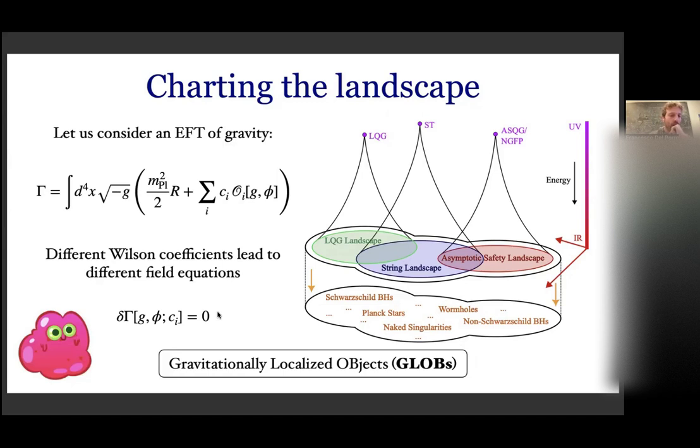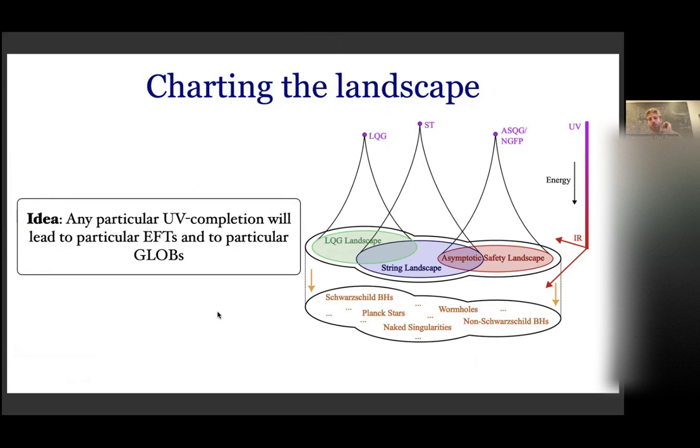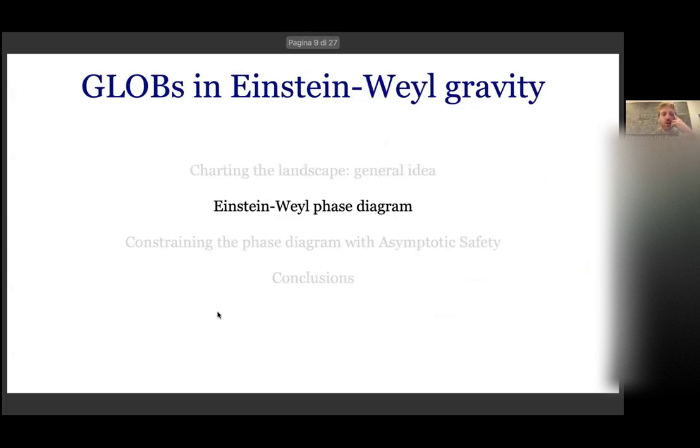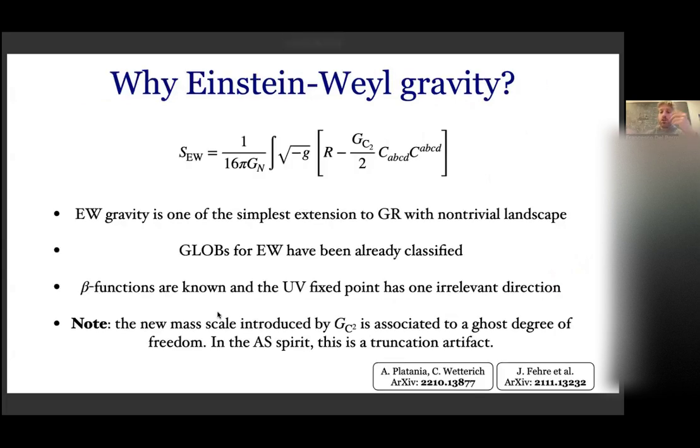So the idea is the following. You have a UV completion. This will lead to a particular subset of EFTs, and this will lead to a particular set of globs through the field equations. Now, this is pretty generic, and I want to specialize to the case of Einstein-Weyl gravity. Why Einstein-Weyl gravity? For three mainly technical reasons.